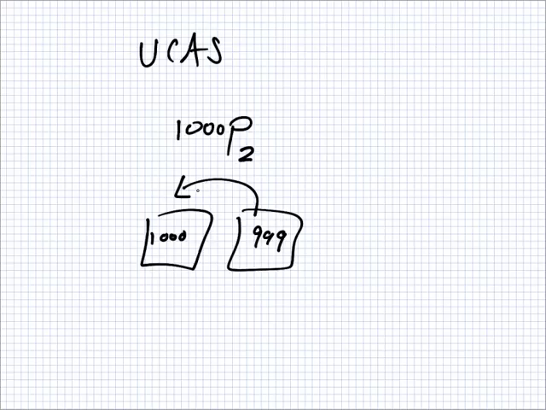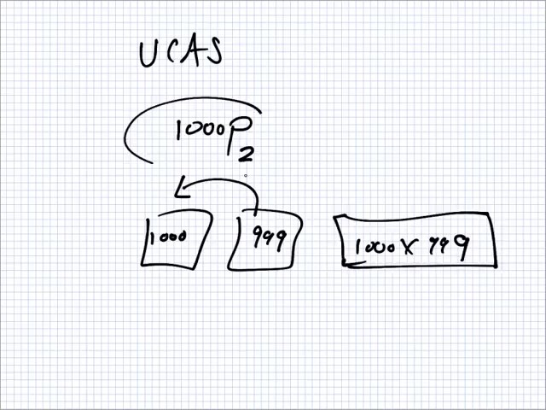That's 1,000 factorial over... no, this is not minus. This is 1,000 times 999. It's the same as 1,000 factorial over (1,000 minus 2) factorial. Let's do it this way. Yeah, this is 1,000 P2.